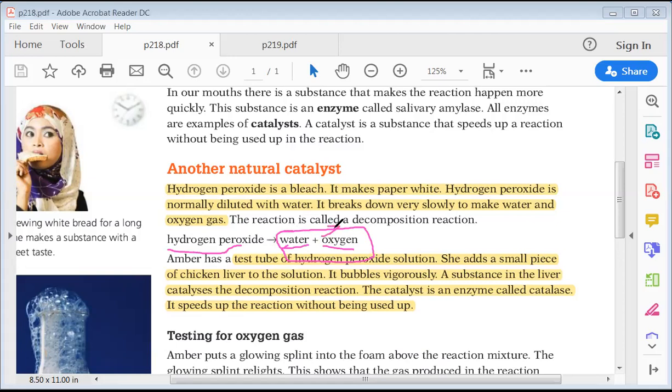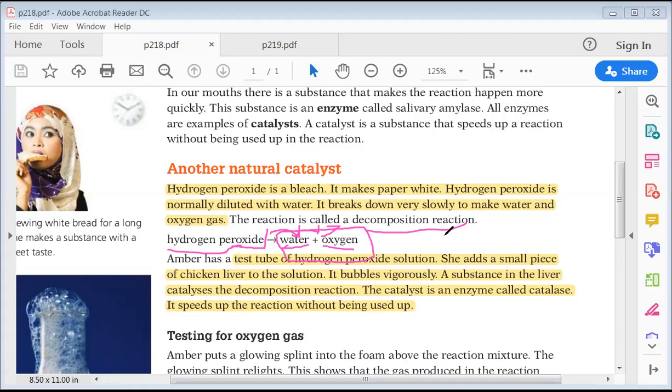When you form a new substance, we call it a reaction, whether breaking down a compound or forming another compound. So this reaction, which is breaking down the compound into another compound and an element, or into more than one element, or into different compounds, we call a decomposition reaction.